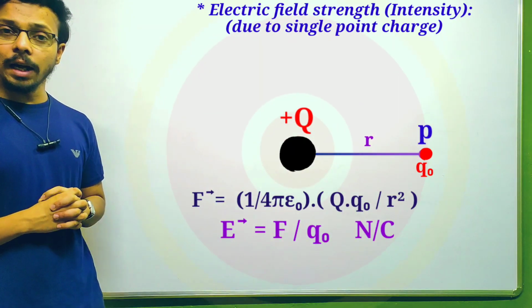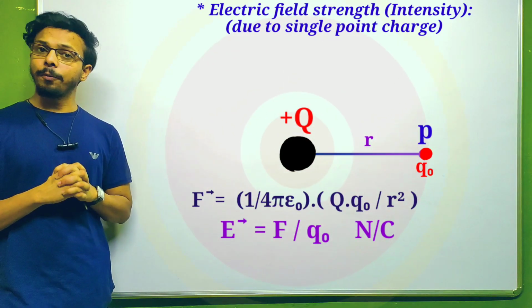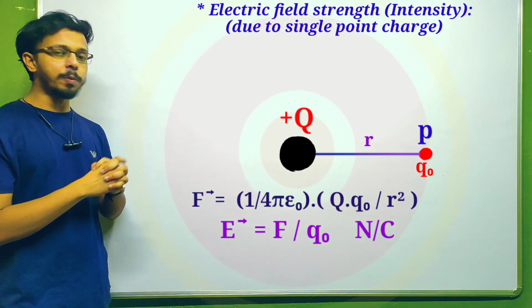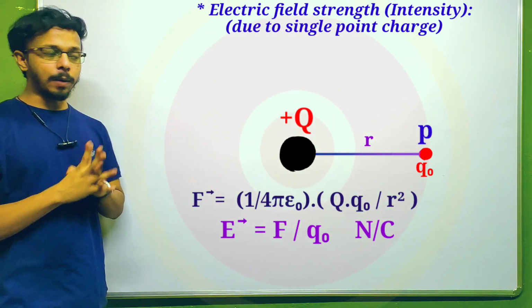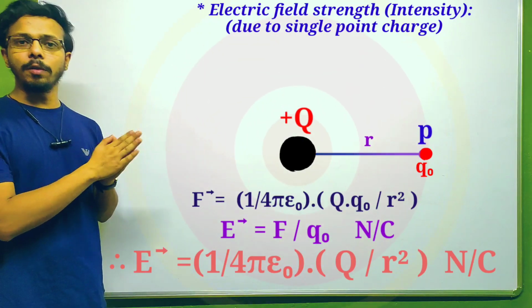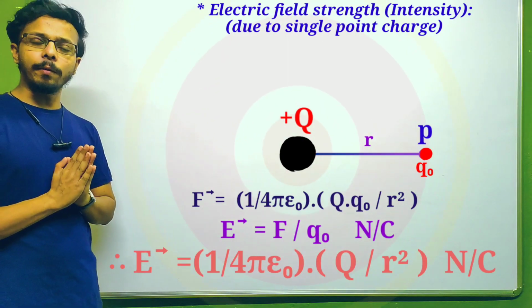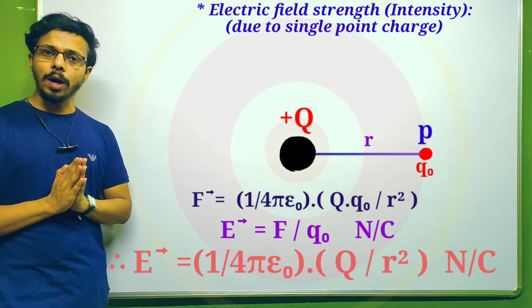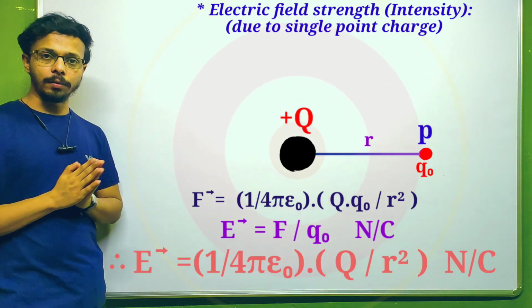And we know that the electric field at a point P is the force experienced by a unit positive charge, that is, force per unit positive charge. Now substitute the value of F there. E equals F divided by Q naught. Substituting F, that is 1 divided by 4 pi epsilon naught, capital Q, small q naught divided by r squared, the whole divided by Q naught.